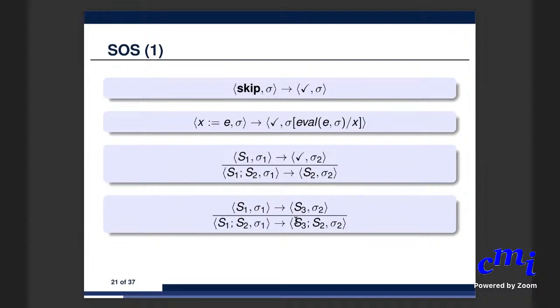So S1 of sigma 1 can either terminate, in which case you will have a final configuration, or S1 itself can be a more complex program, in which case executing it may give rise to a configuration in which there is a smaller program yet to be executed.